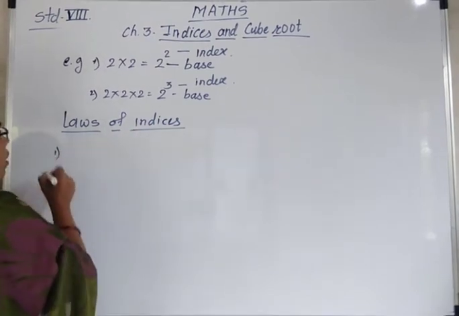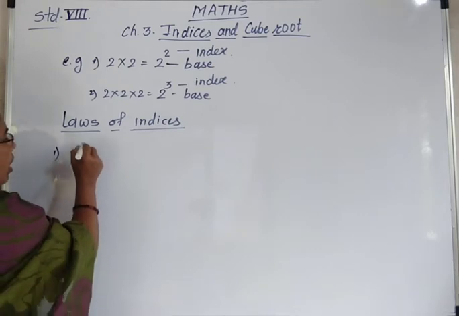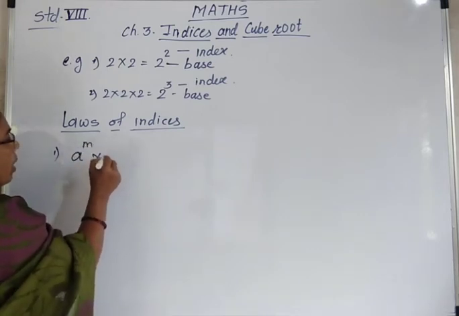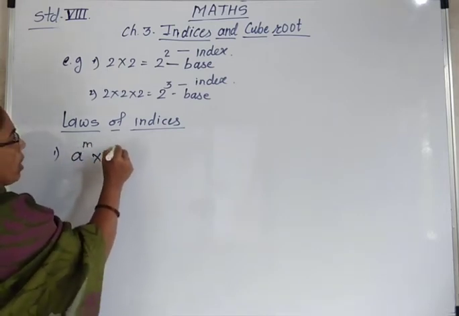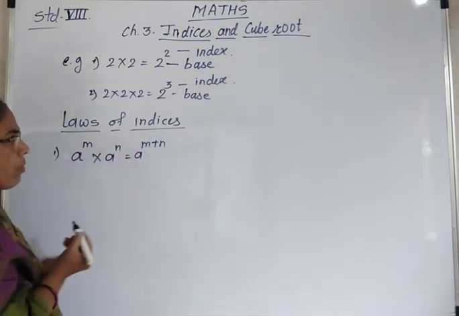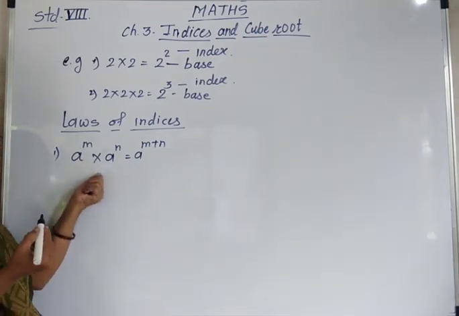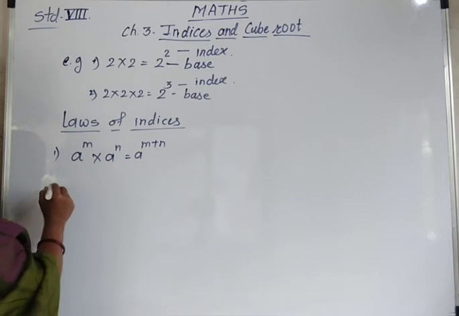First law: when the base is the same, where a is any rational number and m is also a rational number, a raised to m into a raised to n is equal to a raised to m plus n. This means when the base is the same and there is the product of two index form numbers, we have to add their indices.